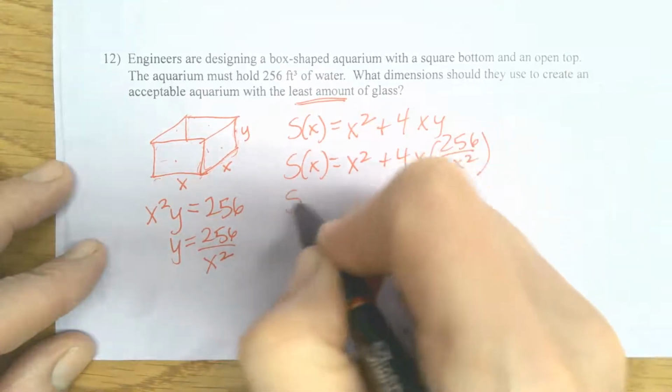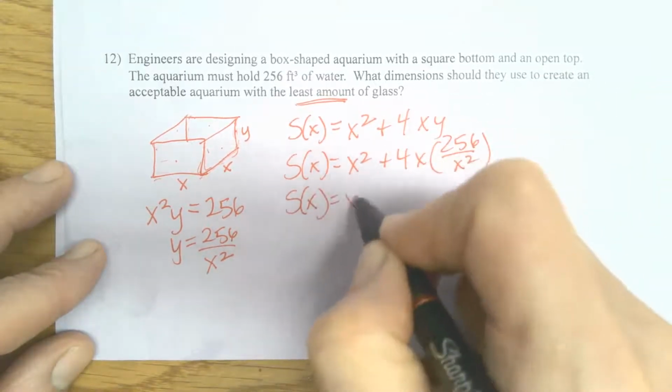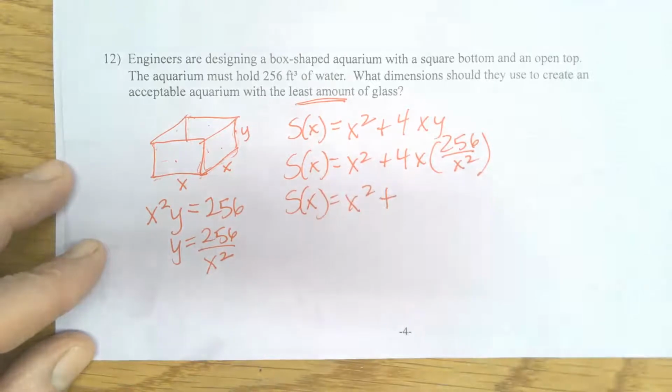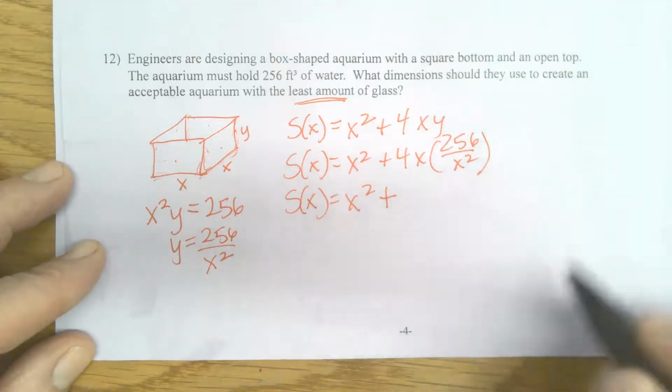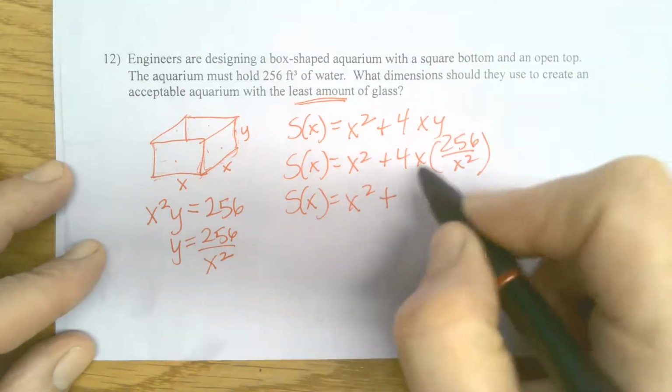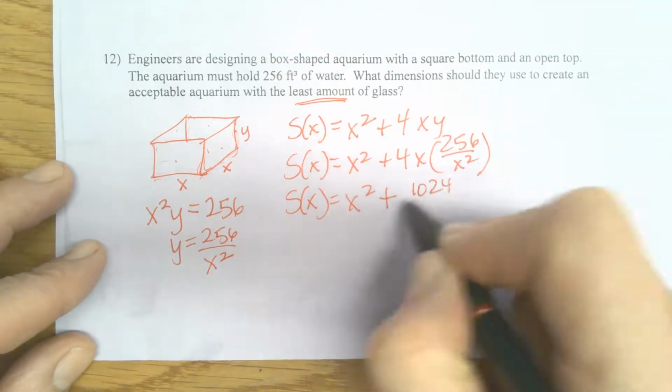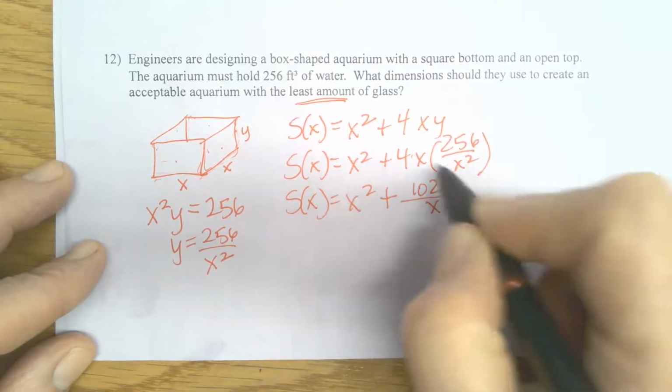And then I'll do a little cleanup before I do my derivative. So that gives me x squared plus 1024 over x, because I'll cancel out an x on each of those.